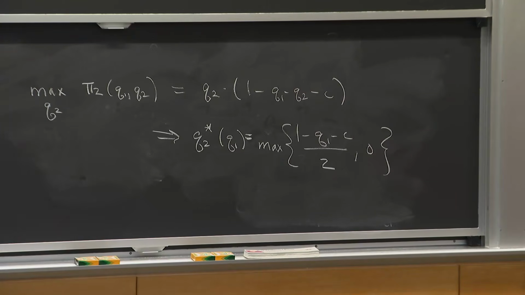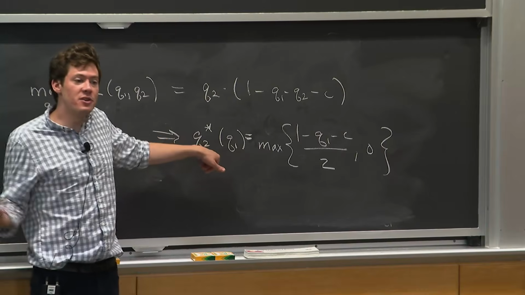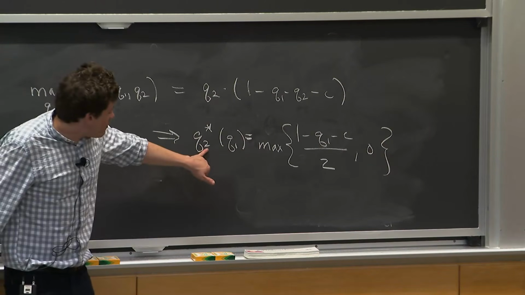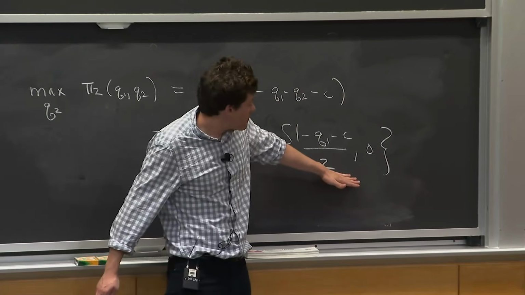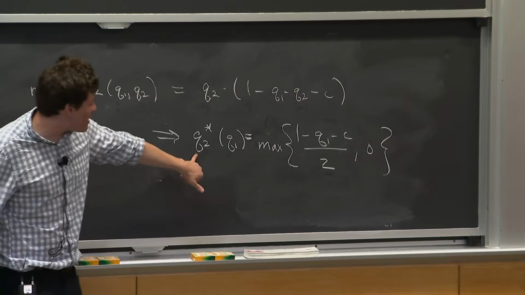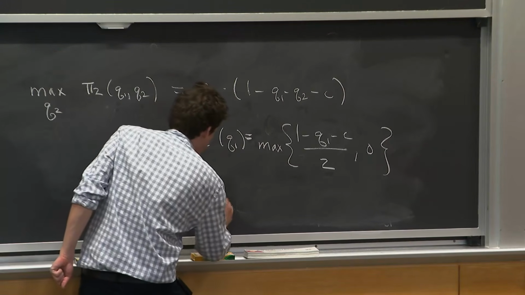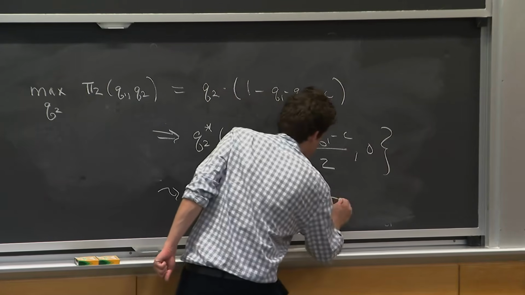And I wrote q2 star just to indicate that this is going to be part of my special backward induction strategy profile. And let's understand, q2 star at a particular q1 is exactly this number. But by going through this procedure, I'm going to obtain a function q2 star. So q2 star, the function, is firm 2's strategy.